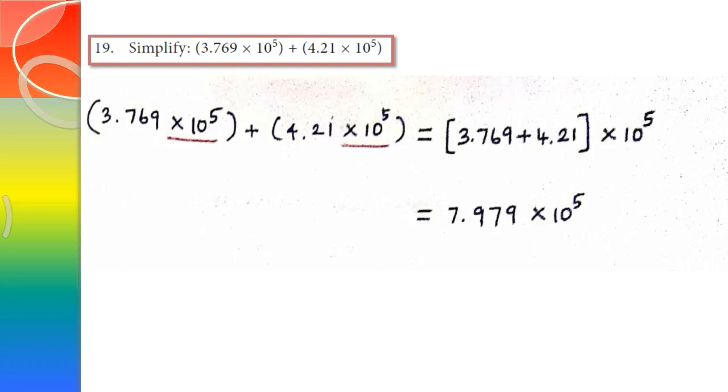Remaining in the first bracket is 3.769, remaining in the second bracket is 4.21. So adding the values we get 7.979 into 10 power 5. That is the answer.